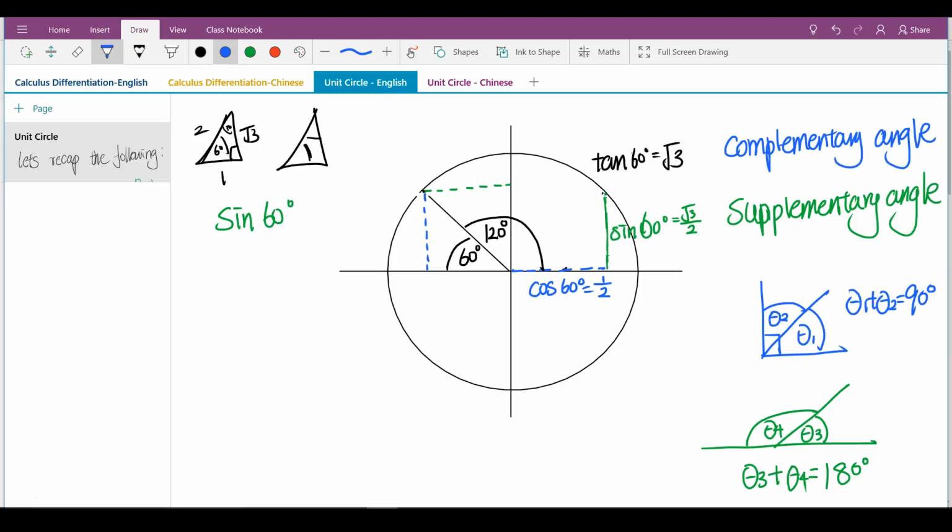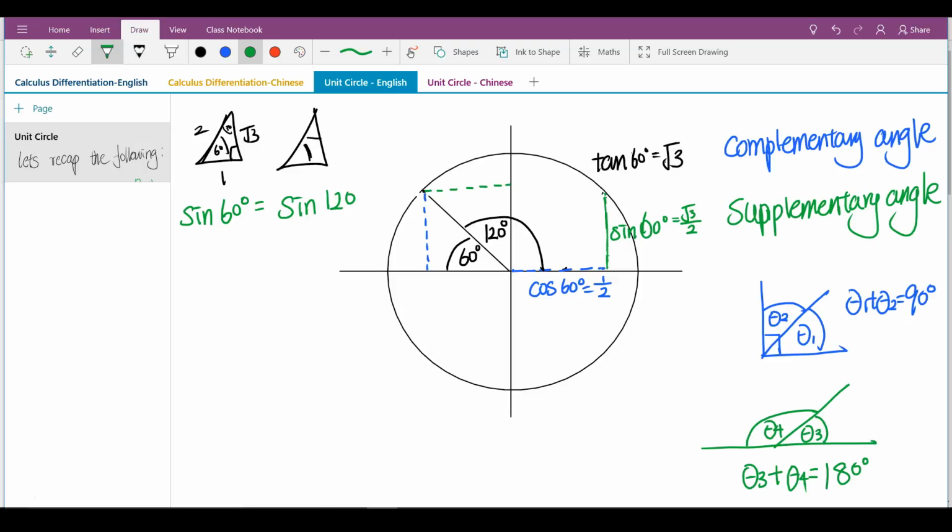They're both positive. So we can say that sine 60 is actually equal to sine 120, simply because they share the same y value.